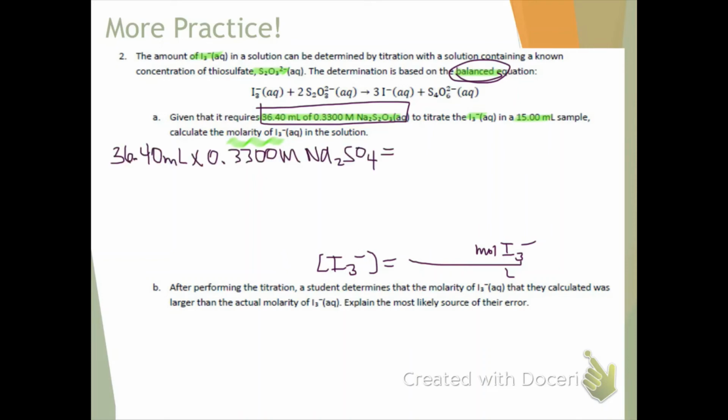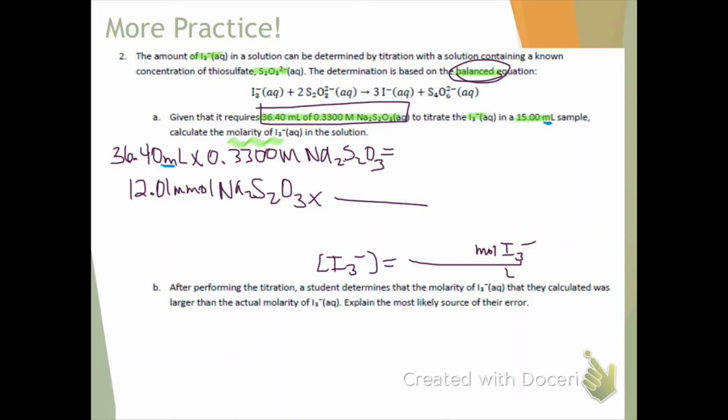When I multiply my volume times my molarity, I will get my moles. I left my volume here in milliliters because the volume of I3- was also given to me in milliliters. So this is a problem where millimoles can be our friends. So when we go back here and we multiply these, we find that we have 12.01 millimoles of sodium thiosulfate.